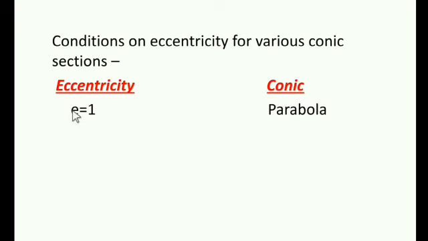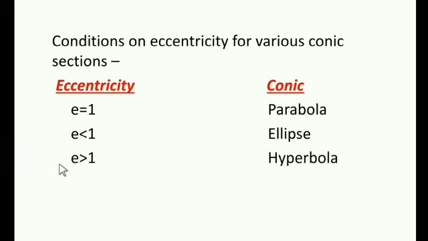Conditions on eccentricity for various conic sections. These are very important conditions, related to the entry test. You should remember that when eccentricity is 1, the conic will be a parabola. When eccentricity is less than 1, the conic will be an ellipse, so remember that eccentricity for an ellipse is less than 1.